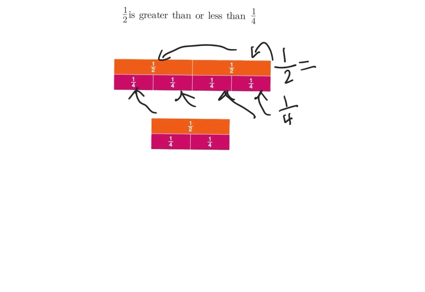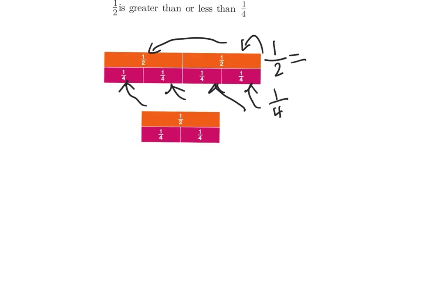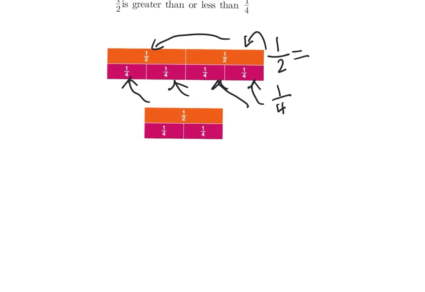We can see that in our diagram up here, all of this is 1 over 1 for the whole. And then down here, our diagram is for 1/2. So we have 1/2, and 1/4 and 1/4.